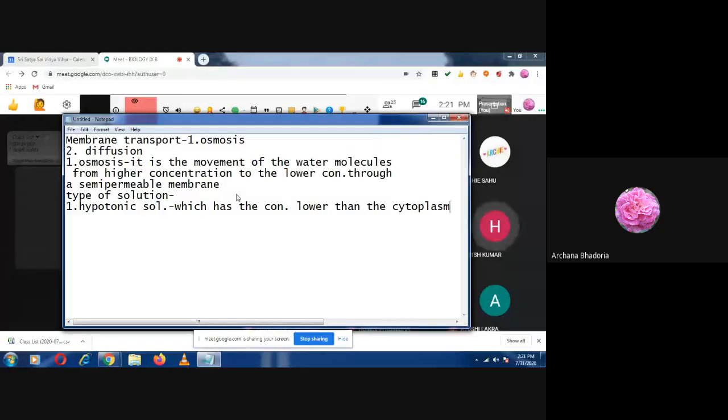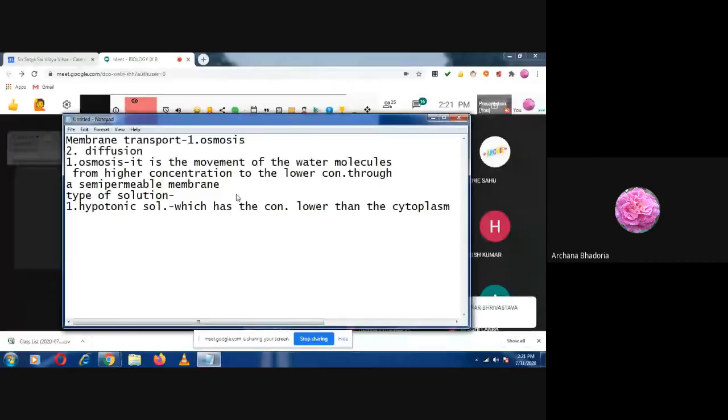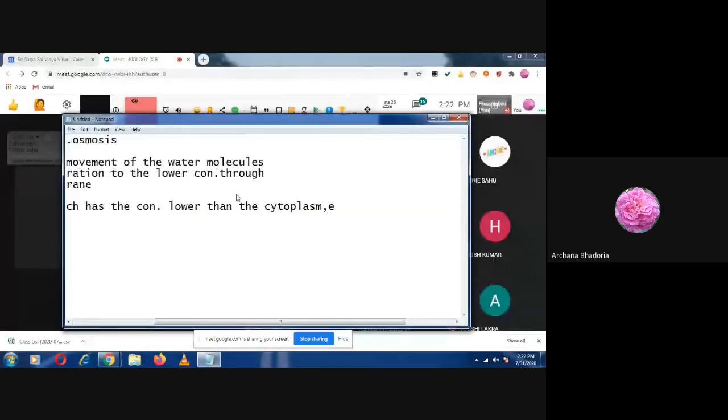Understood. When the cell is placed in the hypotonic solution, the water starts moving inside the cell. You can write down: inside the cell, endosmosis takes place.